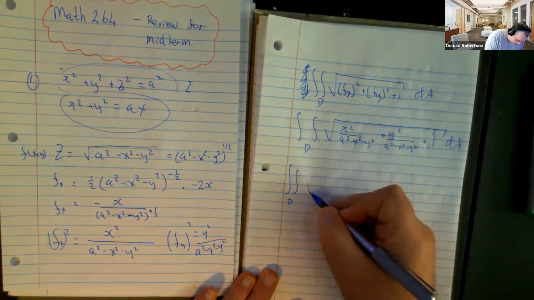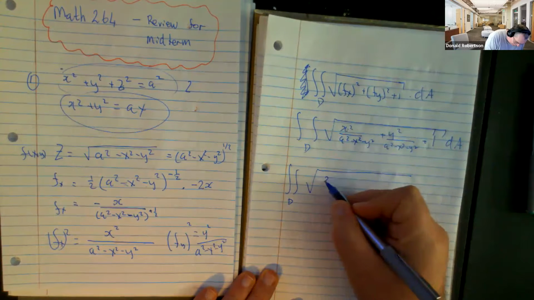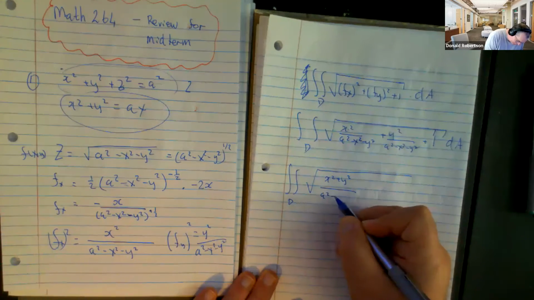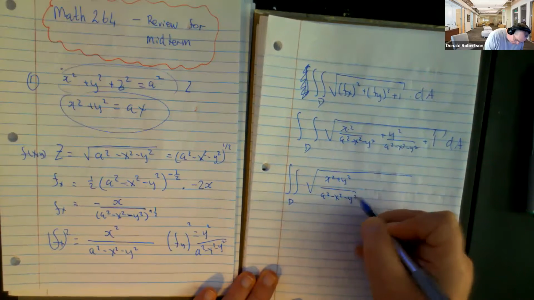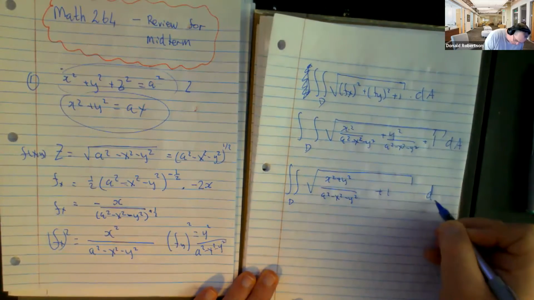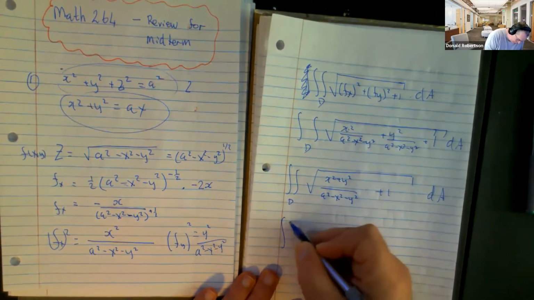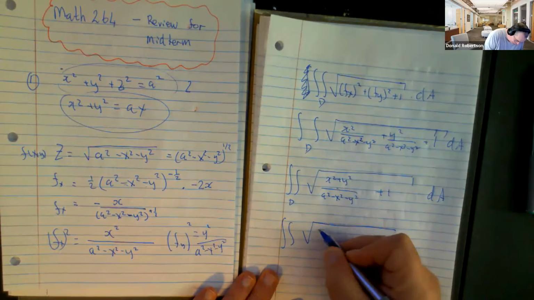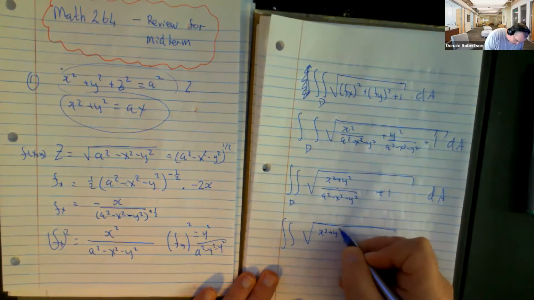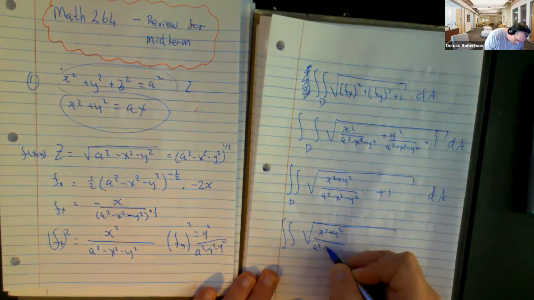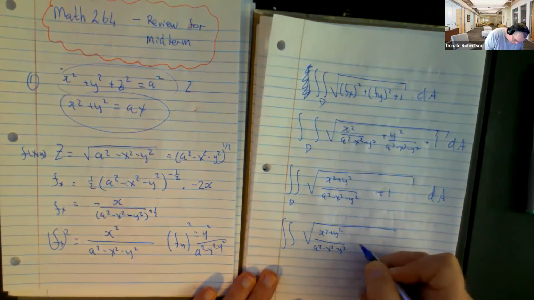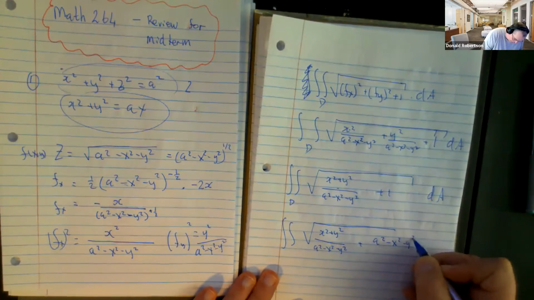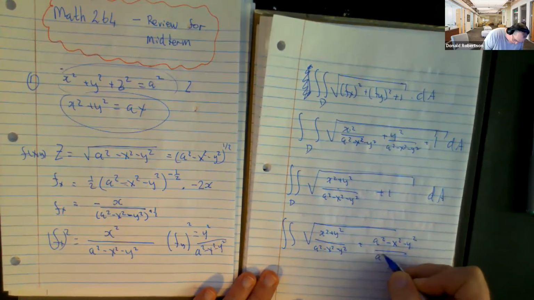You can add these two together because they share a common denominator. You've got a plus 1. I want to get these together, so what I'm going to essentially do is take this and add 1 to it, but the version of 1 I'm going to use is the one that has that common denominator.